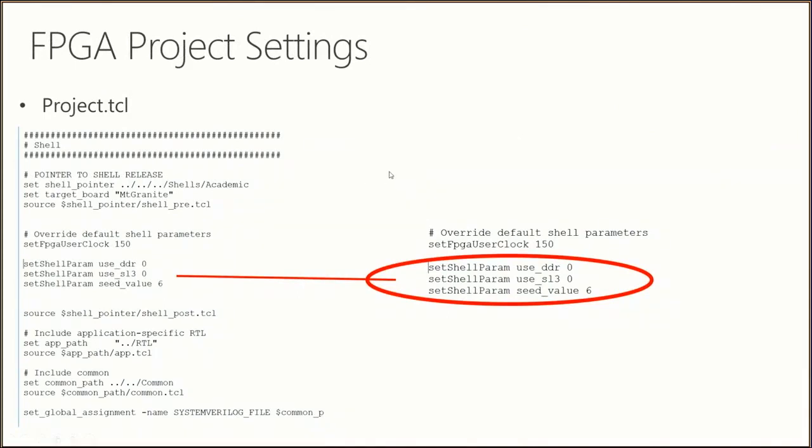Here's one thing that you need to pay attention to before synthesizing the project. There's a TCL file called project.tcl, which contains some shell parameters. By default, the DDR feature and serialized 3 feature are all disabled. So if you want to use the DDR feature or serialized 3 feature, you need to explicitly override the parameter in the TCL file.